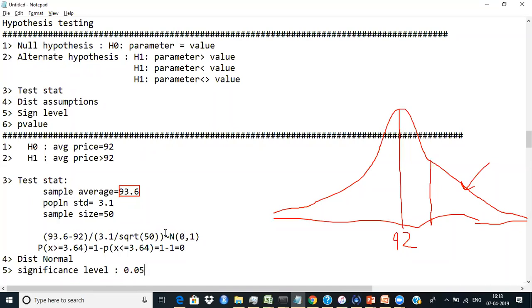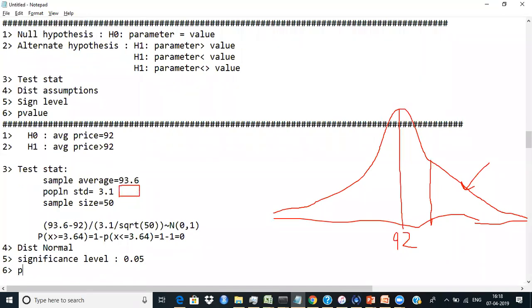Now, what is p-value? P-value is basically the probability that you have calculated. This is known as p-value. If you want to define p-value, it is the probability of getting the value of a test statistic at least as high as what you have got. At least as high means the probability of getting a value greater than or equal to what you have got.